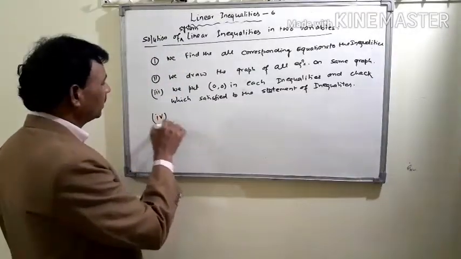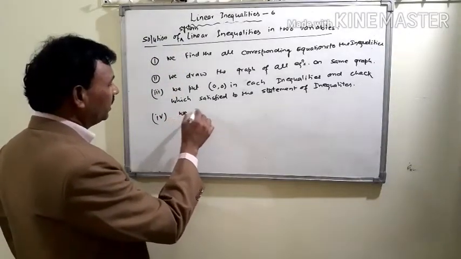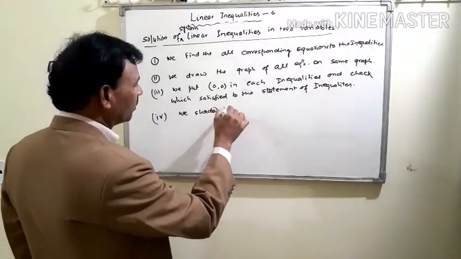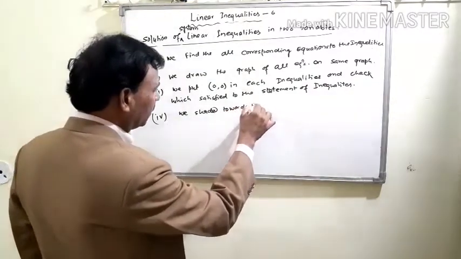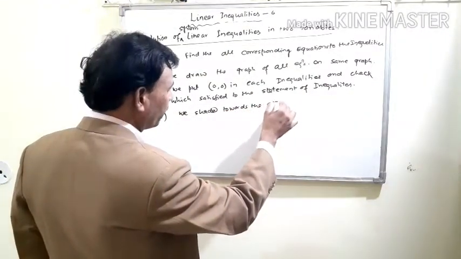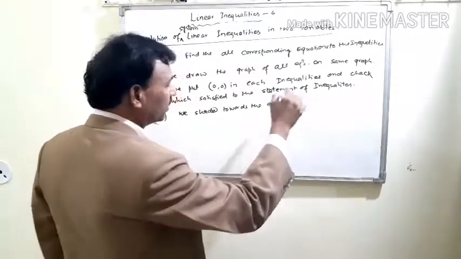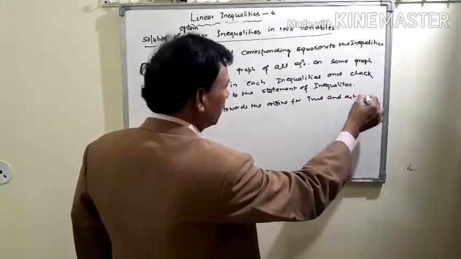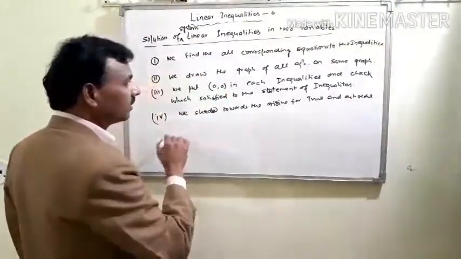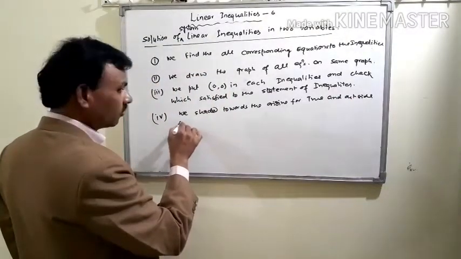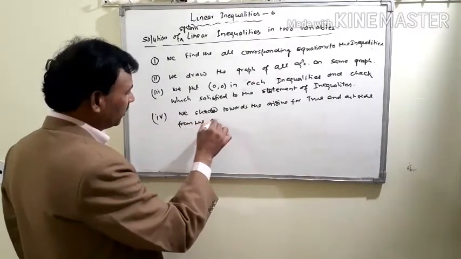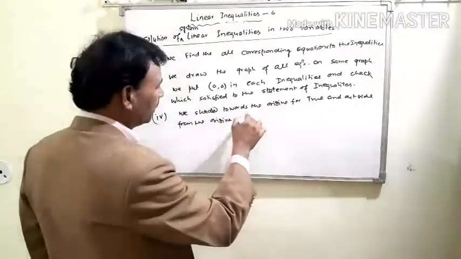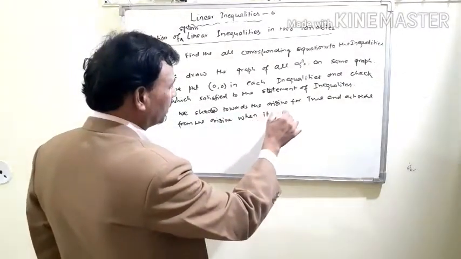That means, in the fourth step, we shade towards the origin for true, and outside from the origin when it is not satisfied.